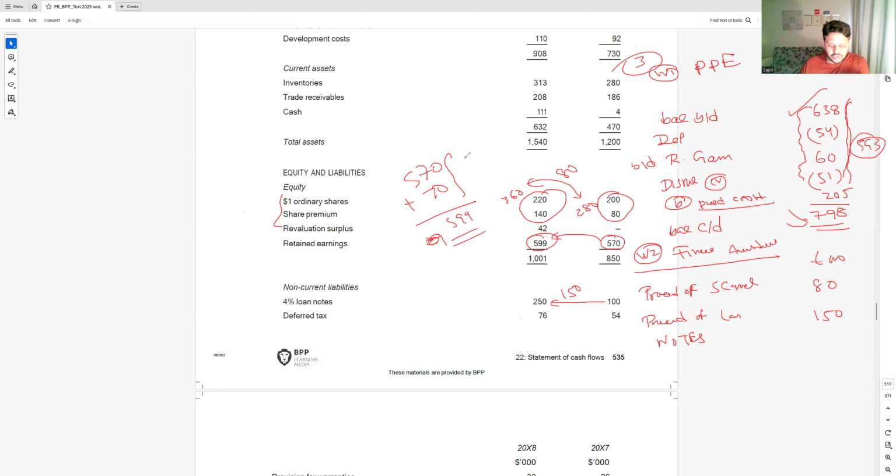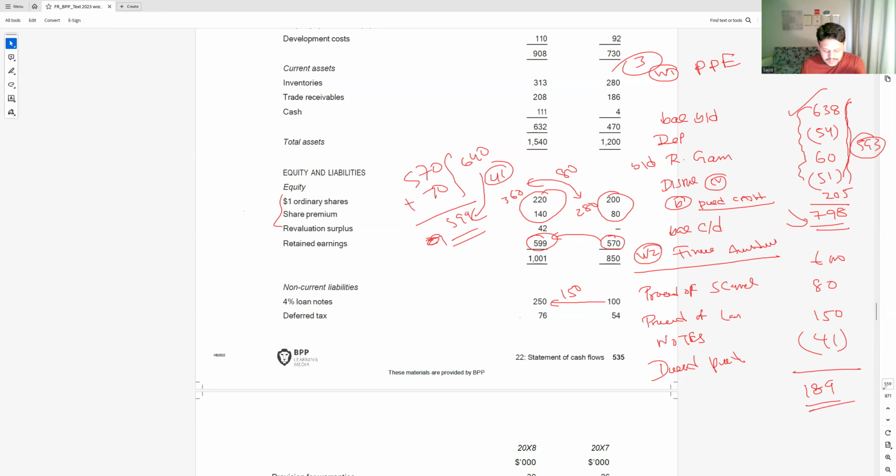So my new retained earnings should be 640, but we have only 599, and the retained earnings can only go down if I pay the dividend. So if I find the difference, 640 minus 599, 41 is less because of the dividend. So dividend paid 41. And that will tell me now how much is the total of the financing activities. So 80 plus 150 minus 41, 189.